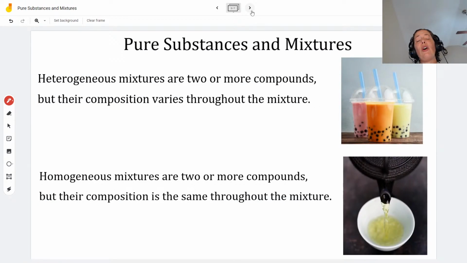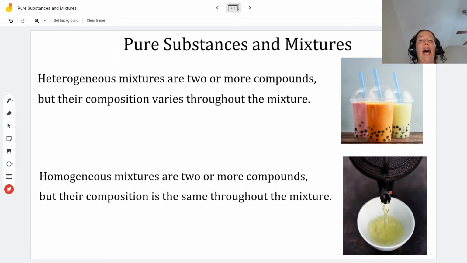All right, so just like we divided pure substances into two different categories, we are dividing mixtures into two different categories. So first we're going to talk about heterogeneous mixtures. A heterogeneous mixture, just like hetero implies, you've got two or more compounds, but the composition is going to vary throughout the mixture. So for example, I had this picture of boba tea.